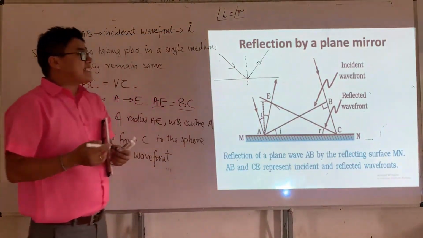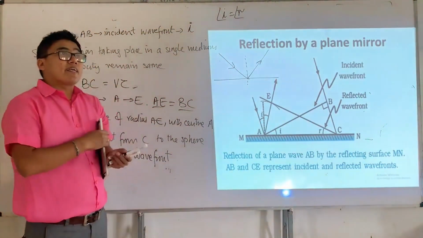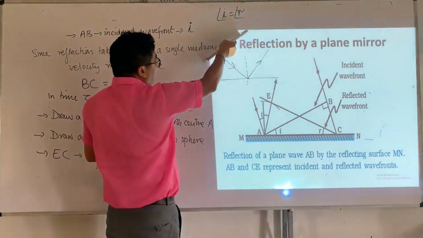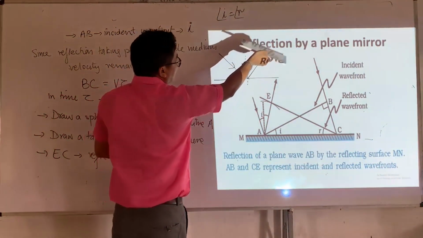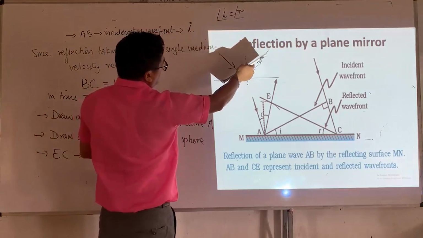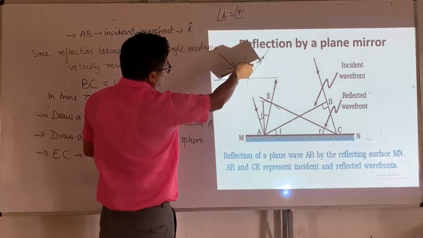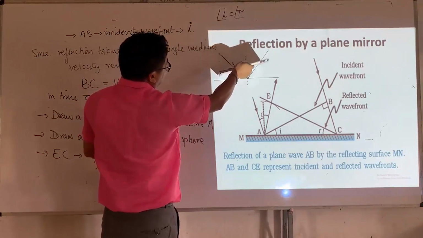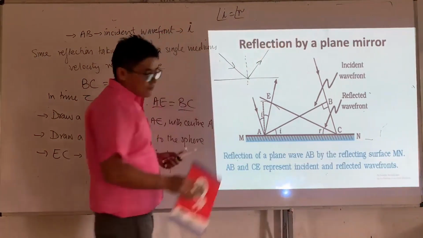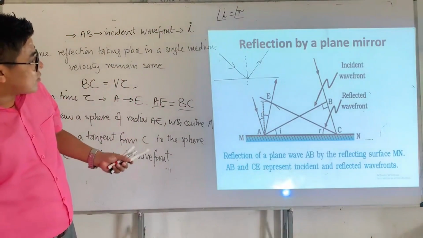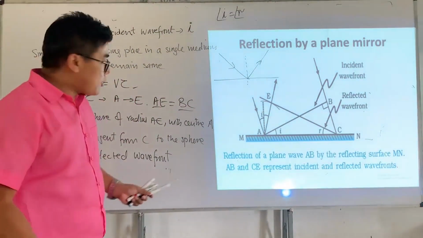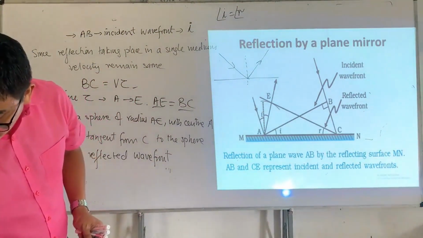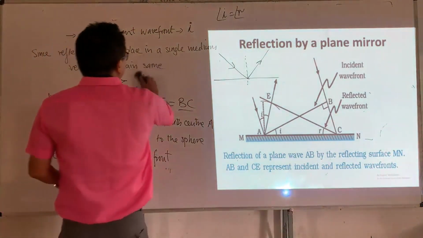The difference is that in ray optics, a ray of light is coming; here in this case, a wave is coming. Alright, this is all about reflection. Now I am going to prove that i is equal to r.